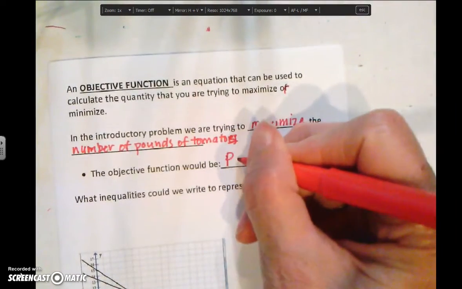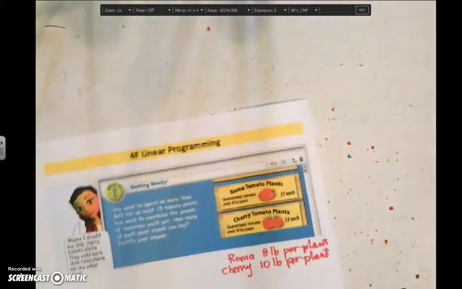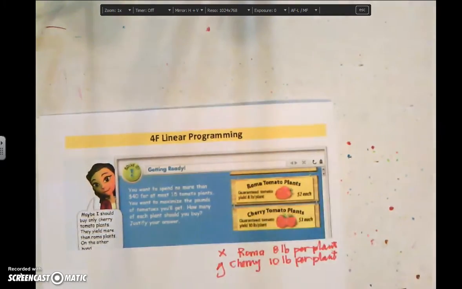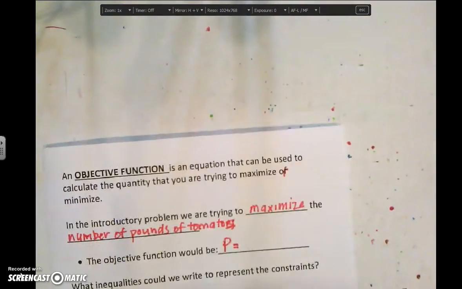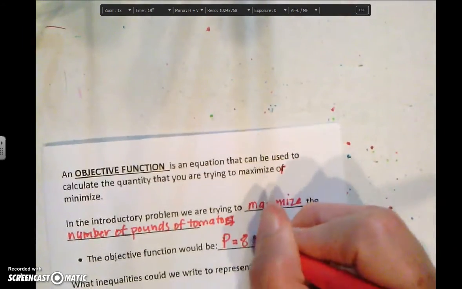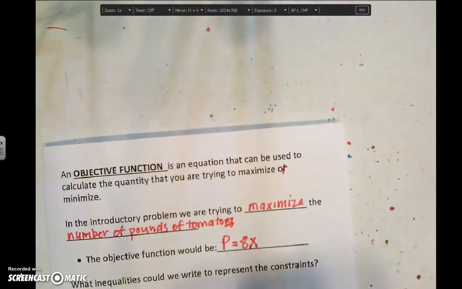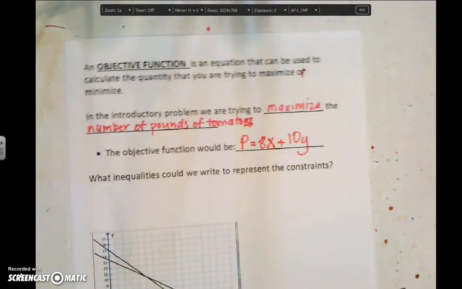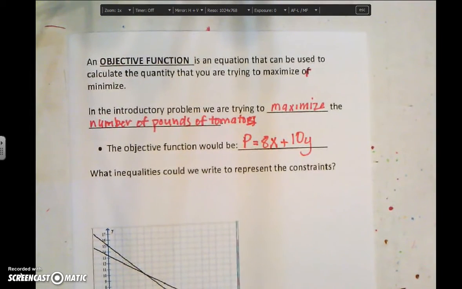So the number of pounds would be, let's see, we'll let Roma be X and cherry be Y. So we'd have 8 times every Roma plant plus 10 times every cherry plant, and that would be our objective function.